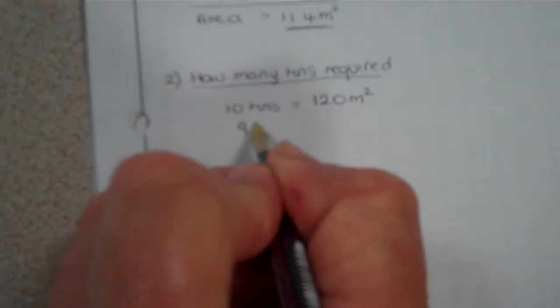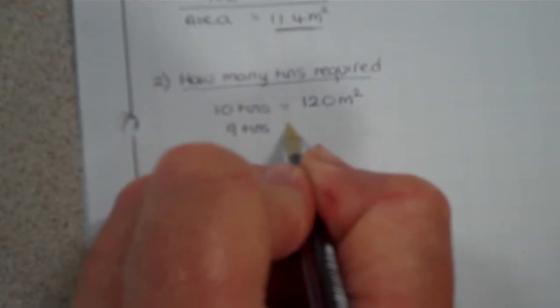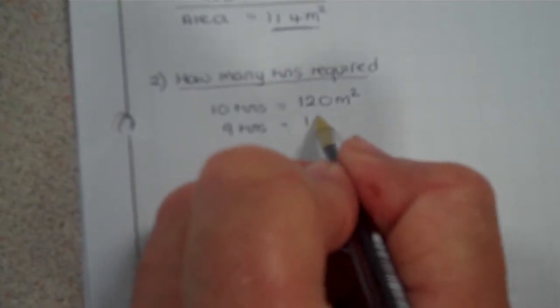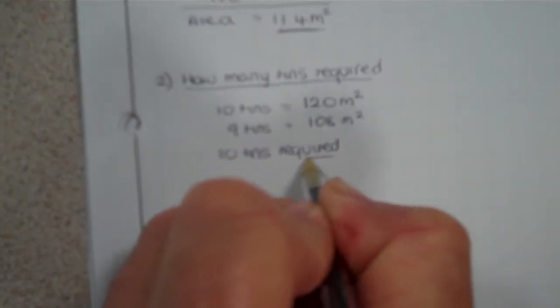So 10 tins is going to cover 120 metres squared. Well, that's very close to my 114, so that looks like it's likely a number. I'll just do a check. 9 tins. I'll take 12 away from this, I'm left with 108 metres squared. That's not going to be enough because I need 114 metres squared. So 10 tins required. There we go. So I've worked out how many tins are needed.